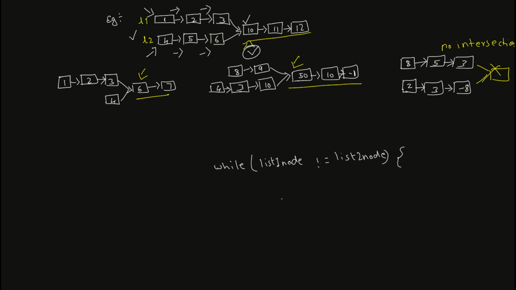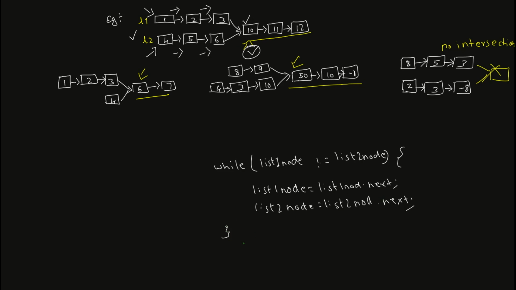By iteration we mean we need to increment the reference of list 1 and list 2 in each iteration. So we do it by list 1 node equals to list 1 node dot next. Same with list 2 as well: list 2 node dot next.